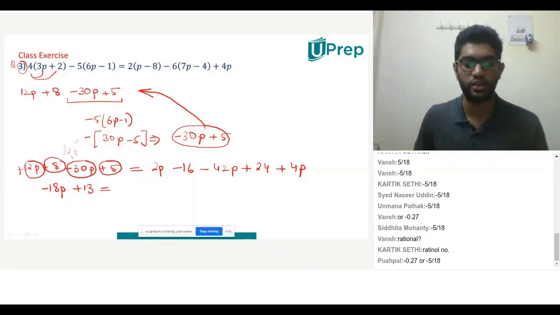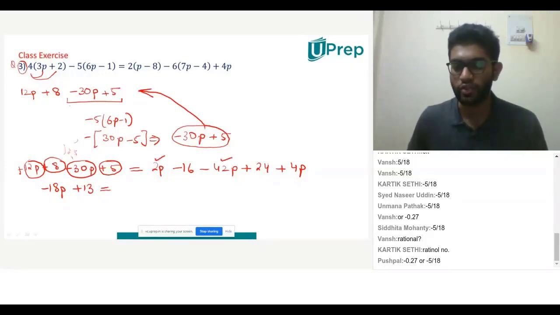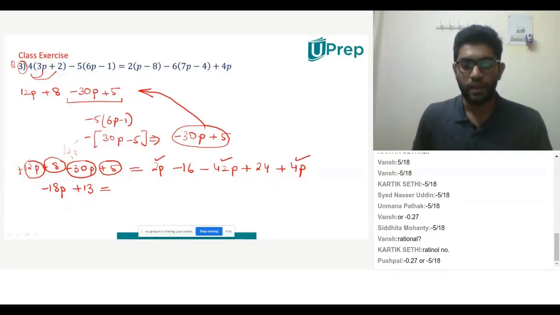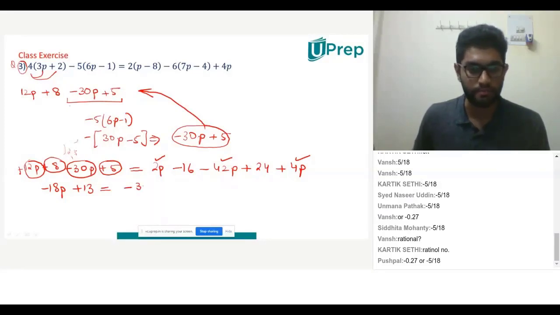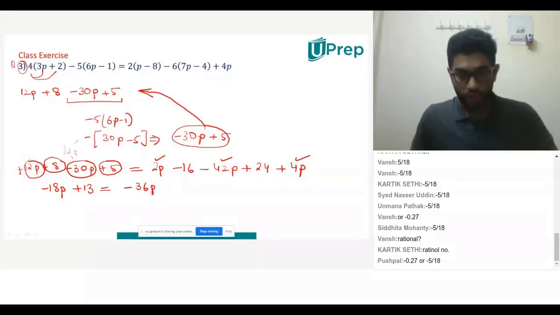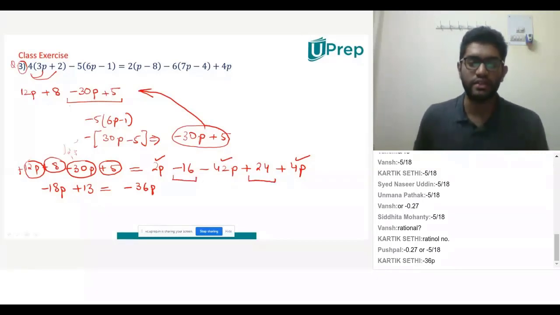The LHS is clear. Now let's isolate the RHS terms. We have 2p, 42p and this. So minus 42p plus 2p plus 4p is going to give us minus 36p. And let's solve the constants. Minus 16 plus 24 is plus 8.